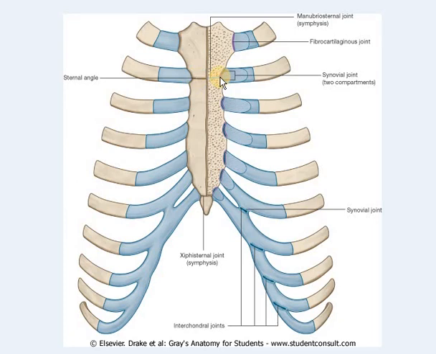This sternal angle also marks the end of the arch of aorta and the beginning of the thoracic aorta. And most important, at the junction of this sternal angle, the second rib articulates with the sternum. So with the help of palpation of the sternal angle, we can count the ribs over the surface of the thorax.